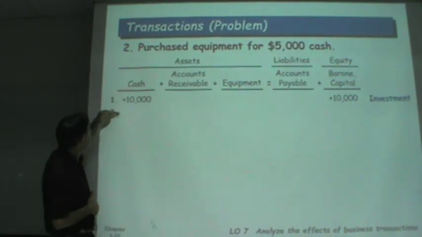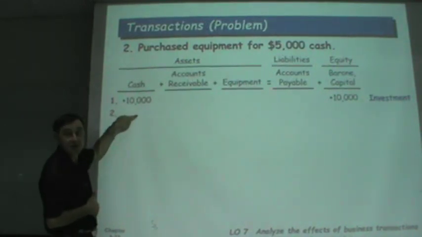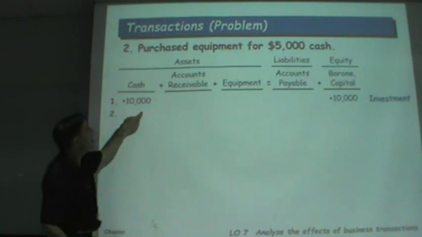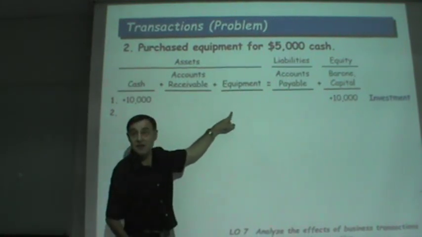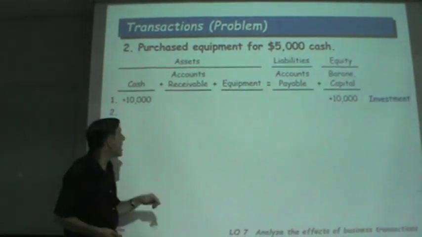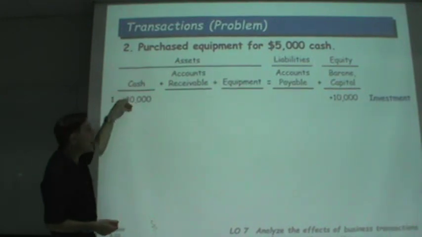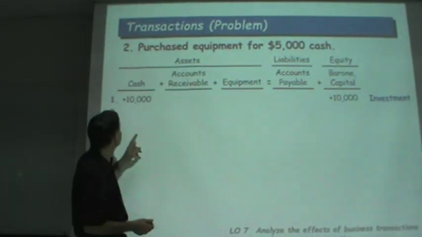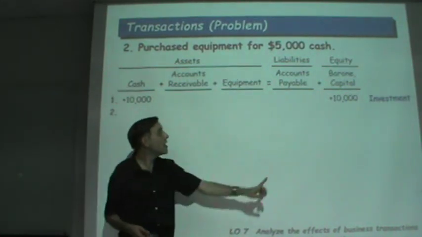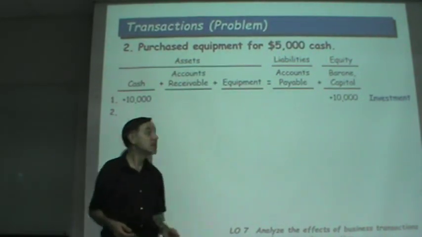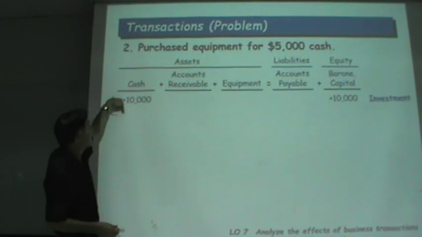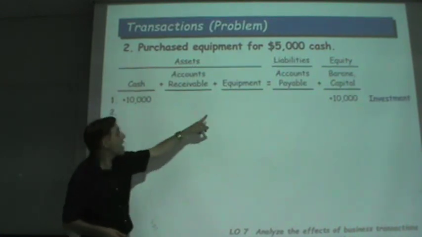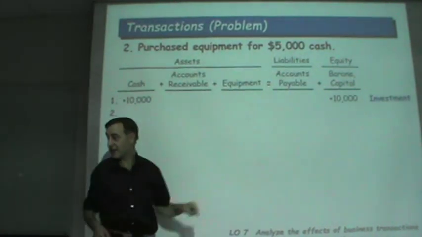So, it should be cash minus 5,000, you spend cash, and equipment plus 5,000. This is an example where one asset goes down, another asset goes up. The previous example was asset go up, equity go up. Okay? So, cash minus 5,000, equipment plus 5,000.